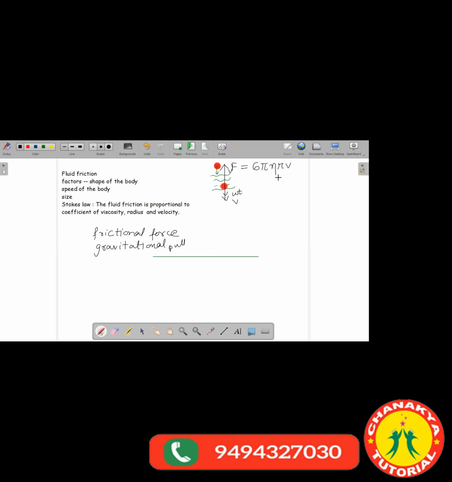So what do you think happens when no net force acts, at the point where we observe that the frictional force and gravitational force are equal to each other? What should happen at that point? Should the ball stand there only? Jaswant, what should happen?